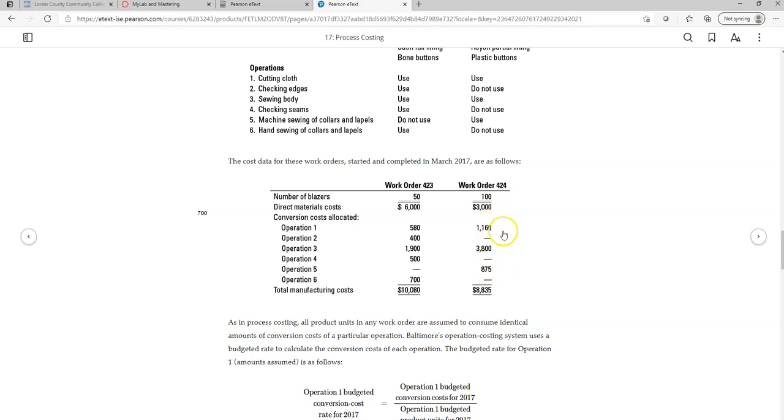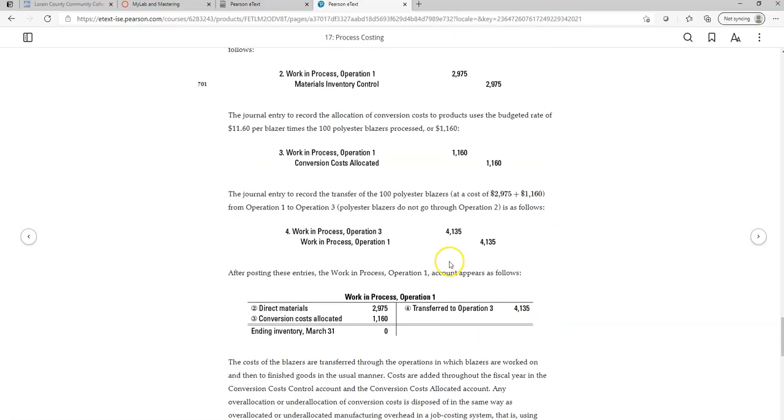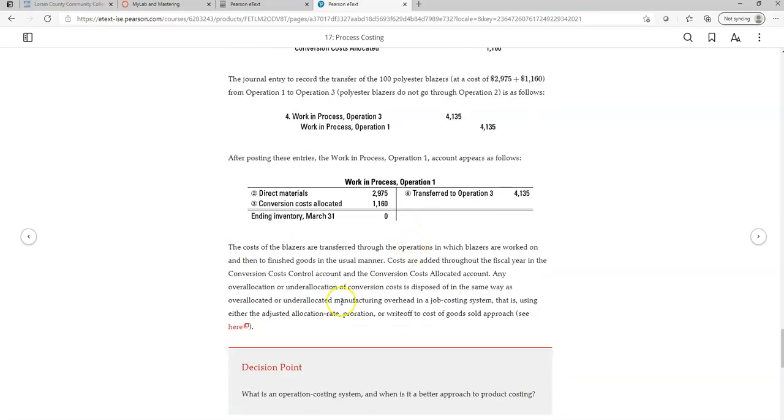I'm going to send it over to the next operation that we will be using. So that's why I'm going to transfer that to operation 3. And then let's say later on when operation 3 is done, I'm going to transfer that cost over to operation 5.